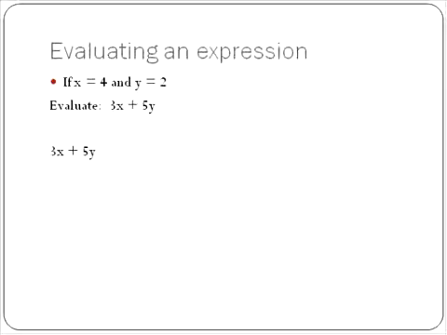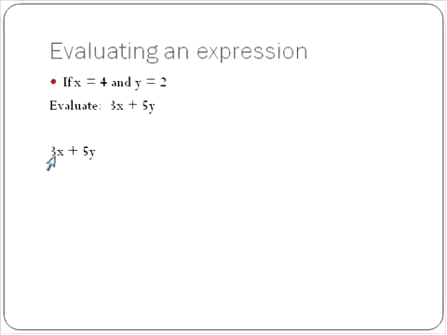We're given information. If x is equal to 4 and y is equal to 2, we're asked to evaluate the expression 3x plus 5y. To do that, we're going to substitute the value of 4 everywhere that we see an x inside of this expression, and we're going to substitute the value of 2 everywhere that we see a y.